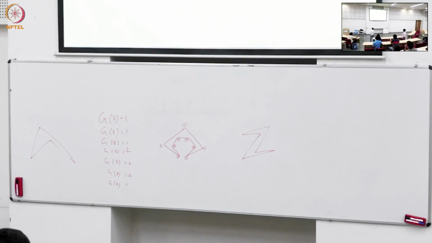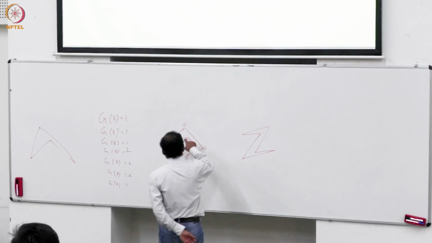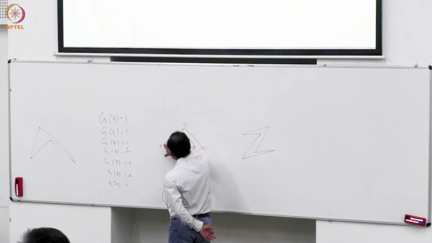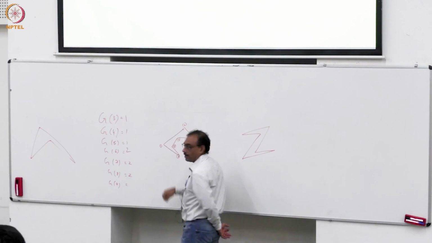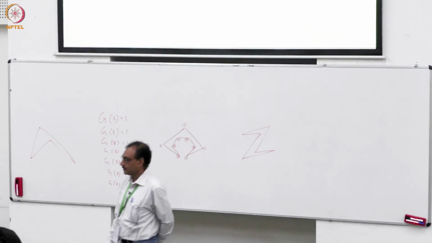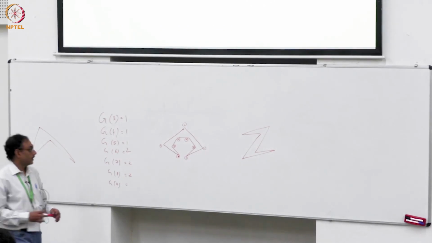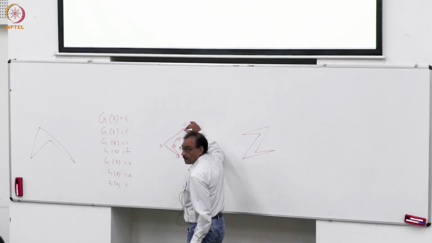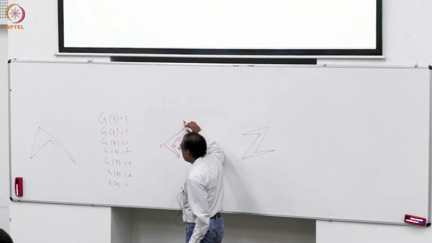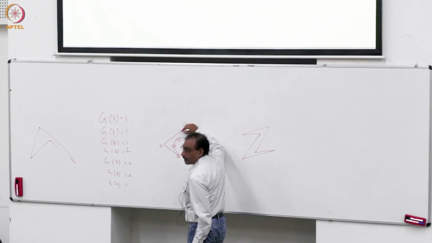No, no, 1 and 3 will not cover. 1 and 3 will leave some region somewhere here that will not be covered, because if you put a ray from here and a ray from here, there will be some region that will not be covered by both, right? Somewhere here you mean? Somewhere here and then somewhere here.